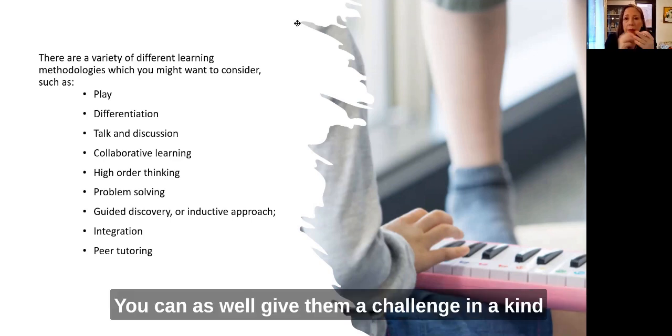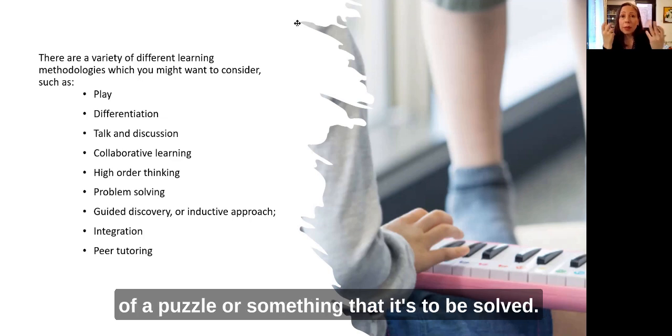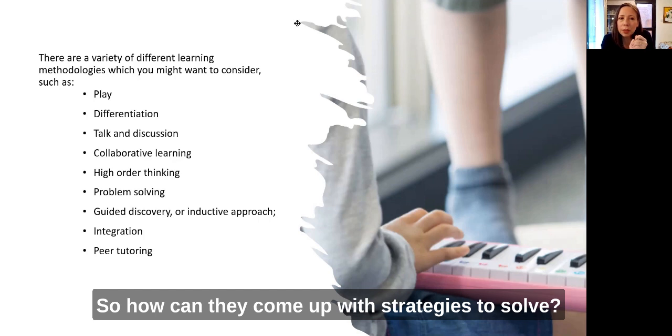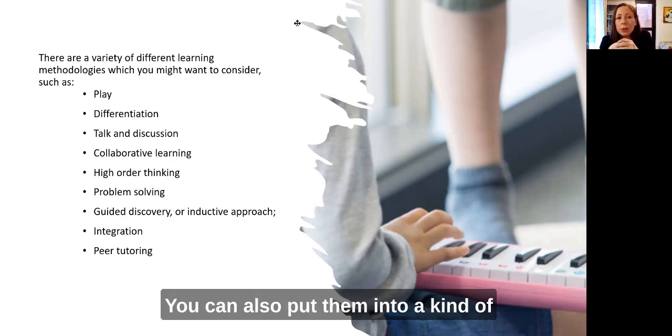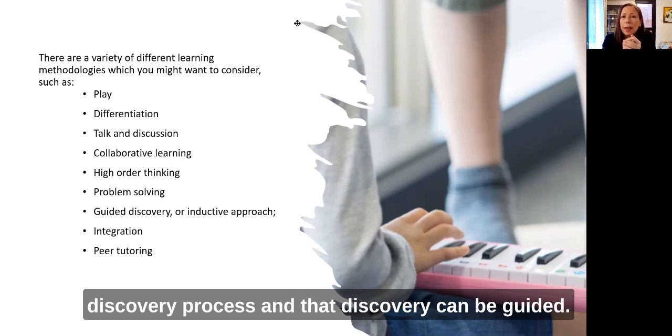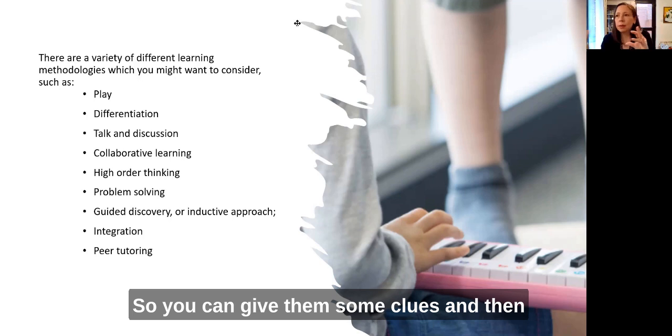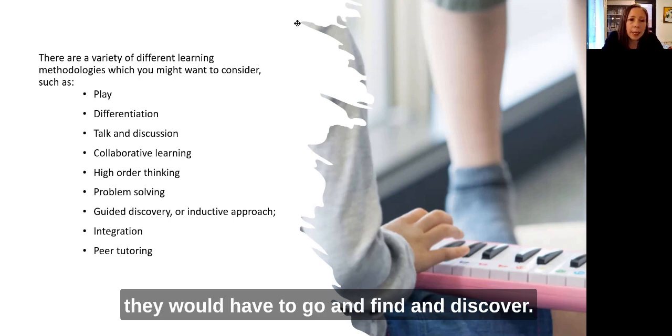You can as well give them a challenge in a kind of a puzzle or something that is to be solved. So how can they come up with strategies to solve? You can also put them into a kind of discovery process, and that discovery can be guided. So you can give them some clues, and then they would have to go and find and discover.